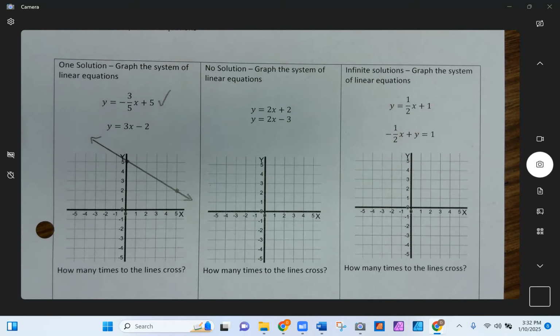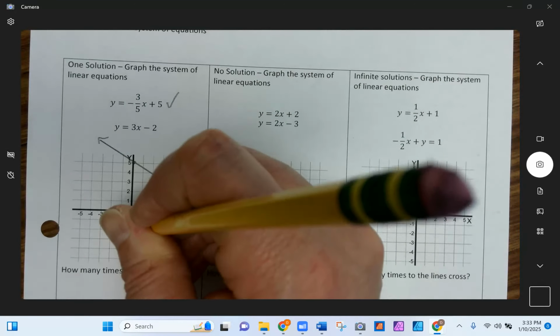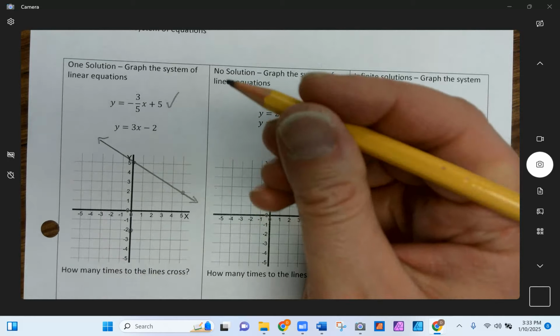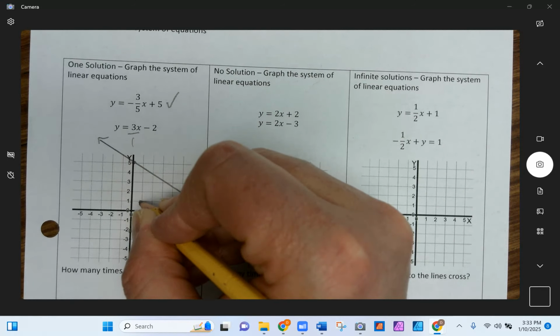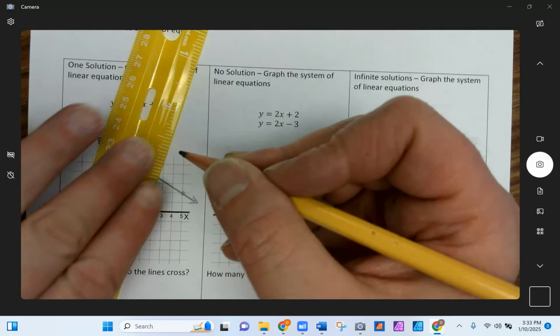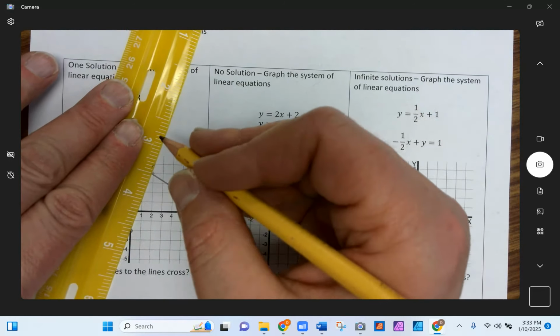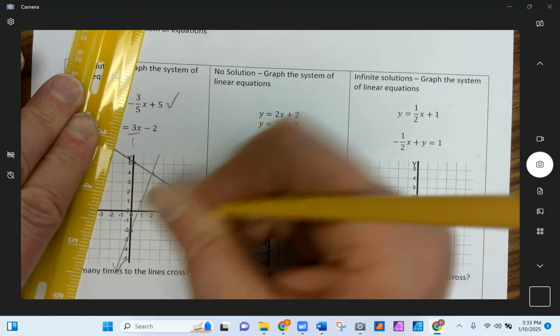I don't want a lot of dots on here that represent two different lines, because then it's confusing to me. So I start at -2, and then I'm going to go up 3, write 1. 1, 2, 3, write 1. 1, 2, 3, write 1. We got that right here.